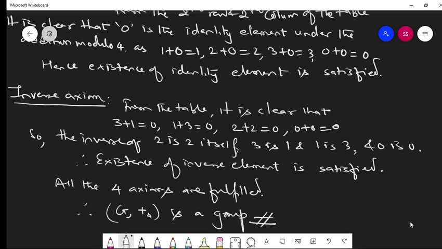Multiplication modulo 4 satisfies the closure axiom. This is the first part.